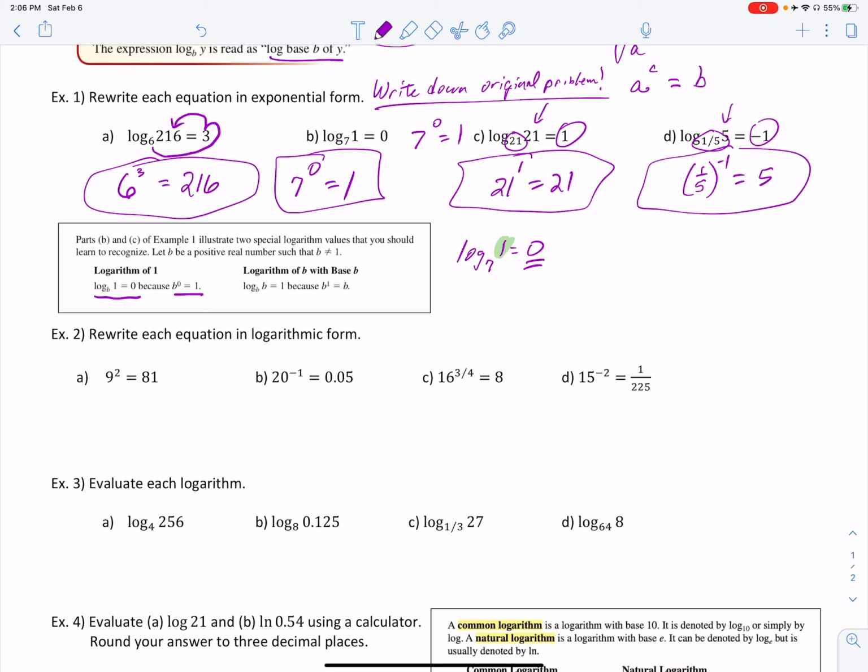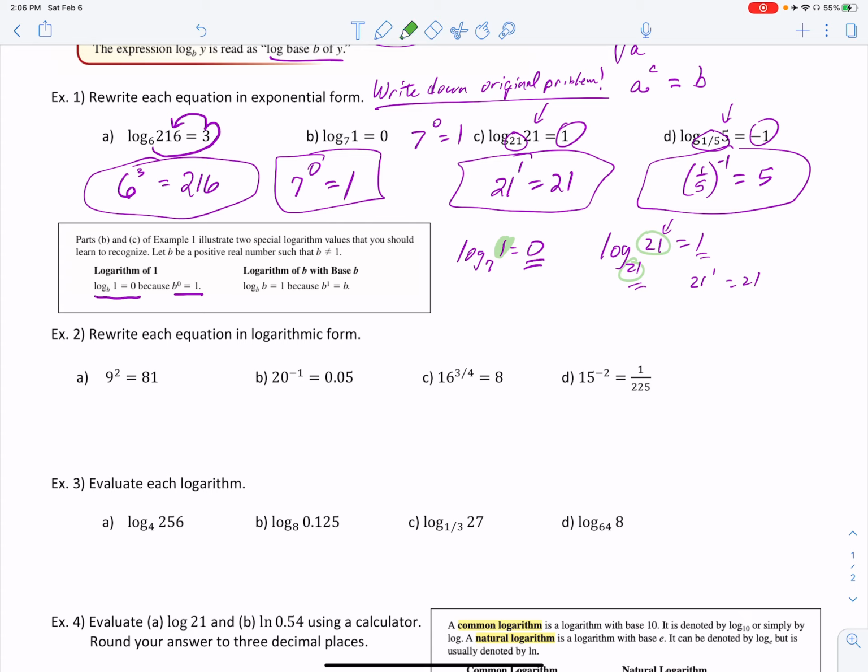And then in part C, we had log base 21 of 21 equals 1. That's how we say that. Log base 21 of 21 equals 1. And when these match, we should expect that the output is 1 because of the fact that 21, lean to the left, lean to the right, equals the middle, get it right, the base to the first power is always itself.